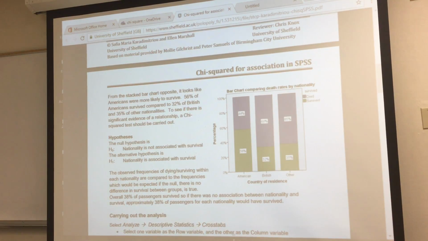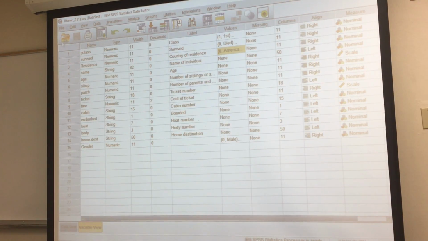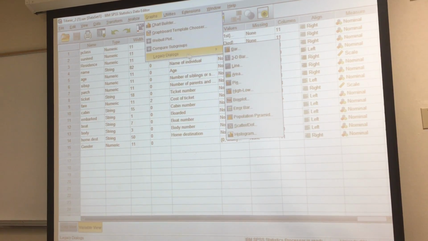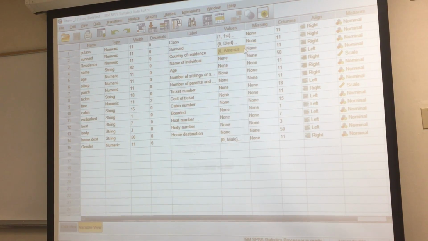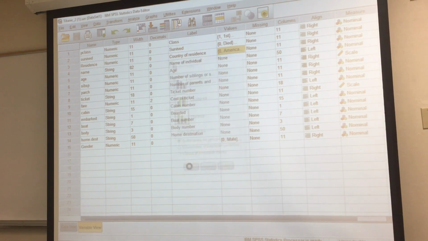Okay, let me see. If you want to draw a graph, you need to go to Graphs, not Analyze. Go to Graphs, then Legacy Dialogs, and go to Bar. The default setting is simple bar chart, and you need to switch to stacked bar chart and click Define.